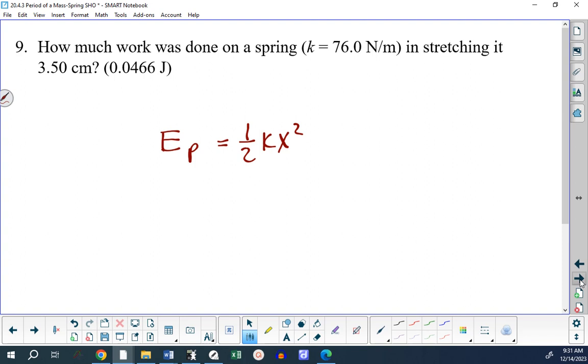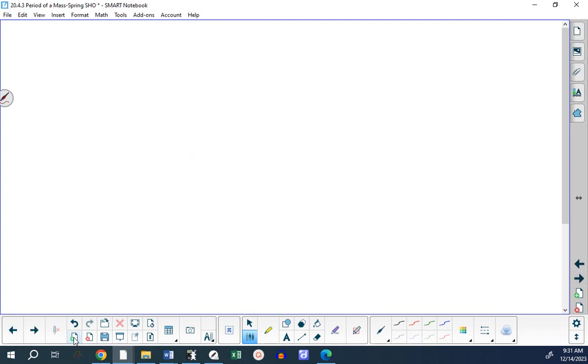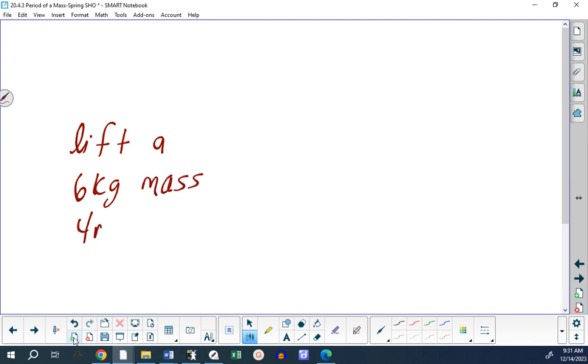Does that make sense? Okay. I want to throw out two other quick questions here to drive home the point I'm making with question 9. If I said that we lift a 6 kilogram mass, it doesn't matter what the mass is, four meters, and then over here I say we throw a baseball.